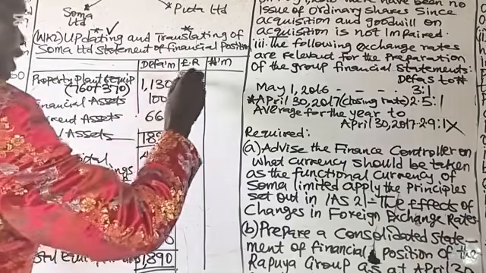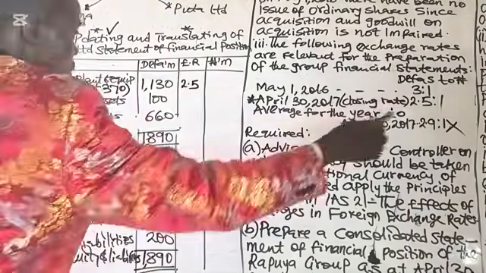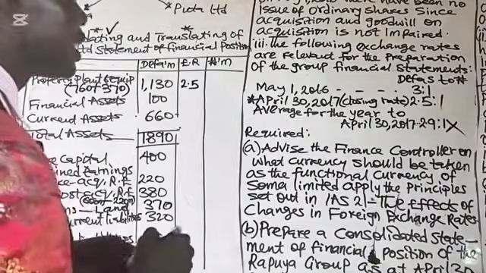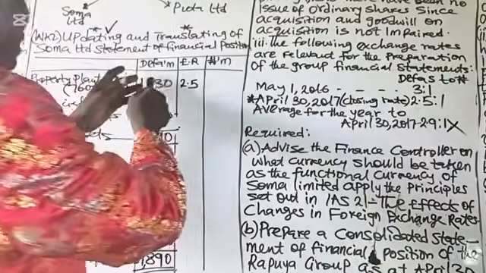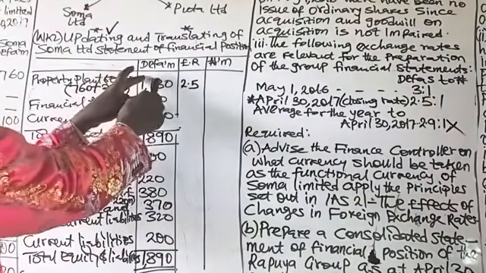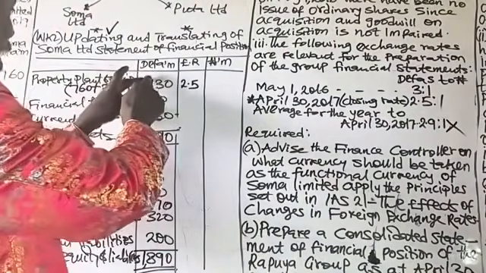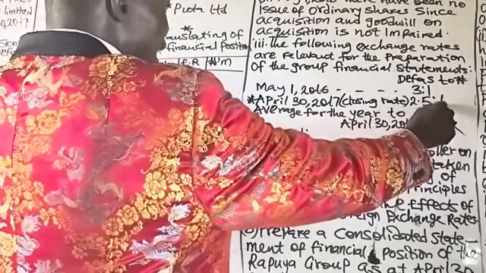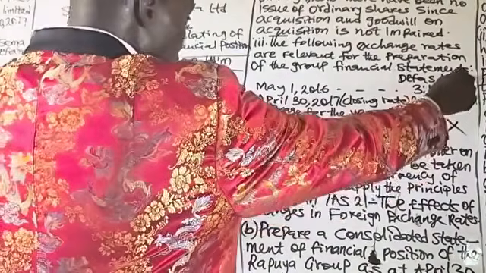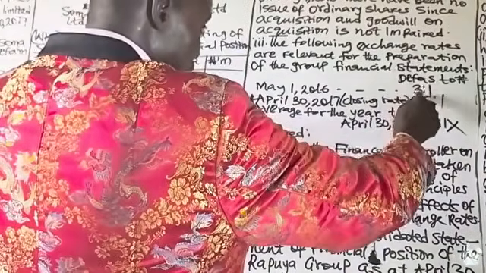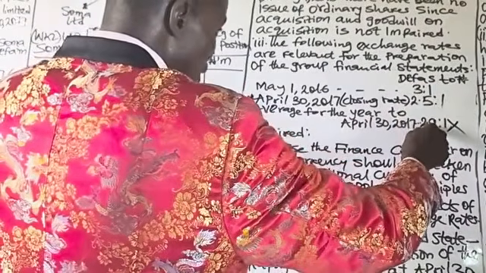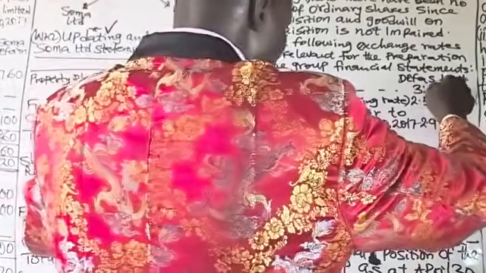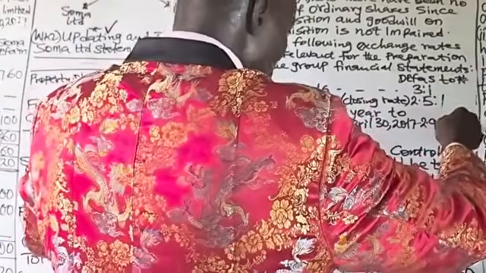So, which is the closing exchange rate? 2.5. So this is 2.5 to 1 naira. This currency is in DEFAs, not in naira. So naira carries 1. Therefore, this 3 is for DEFAs, 2.5 is for DEFAs, 2.9 is for DEFAs. Naira is the one that owns 1.